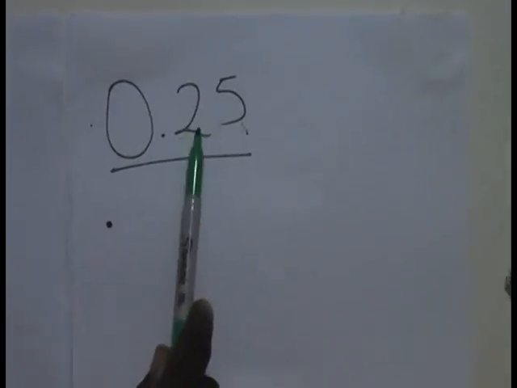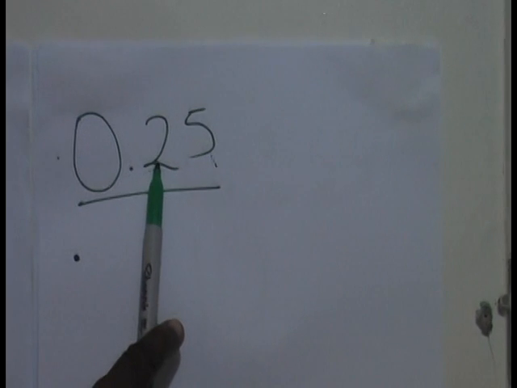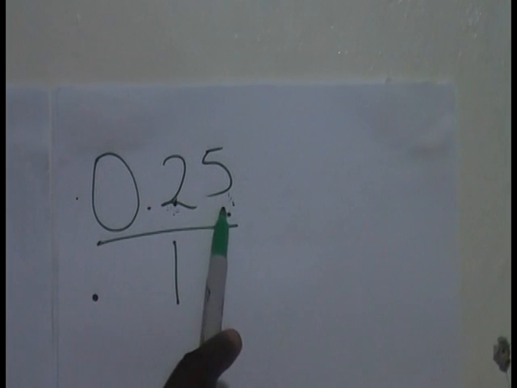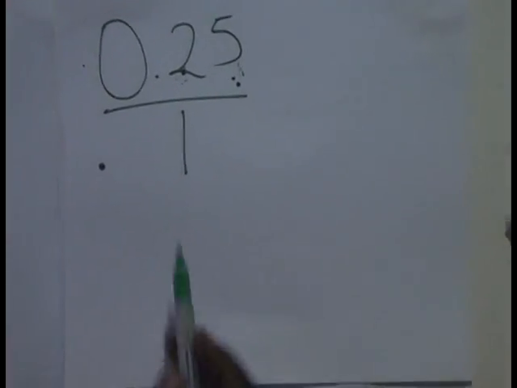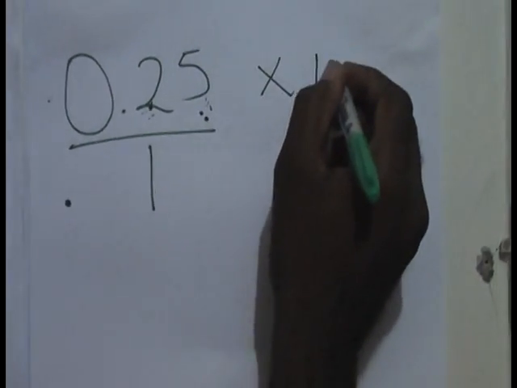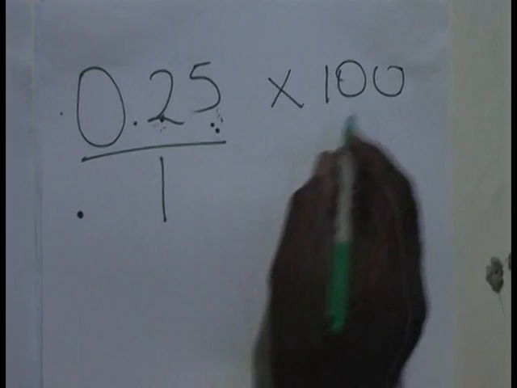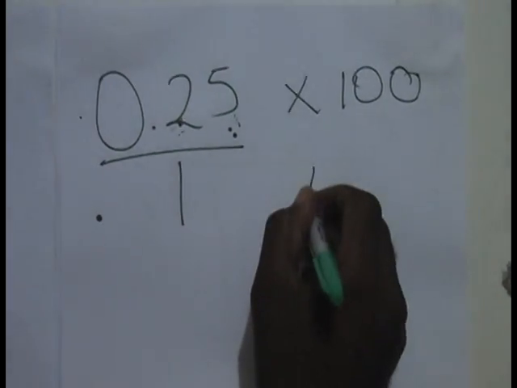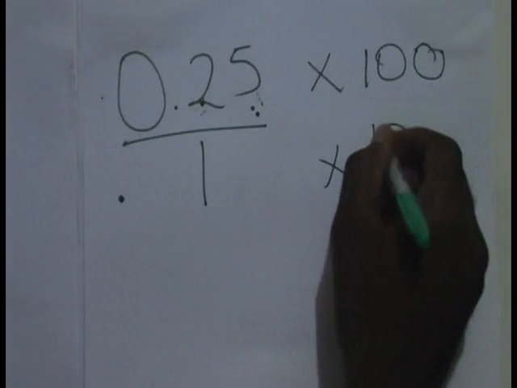So if it was 1 number after the decimal point, they would have used 10. But because there's 2 numbers after the decimal point, we use what? 100 instead. So we're going to multiply this top number by 100, and this bottom number by 100.